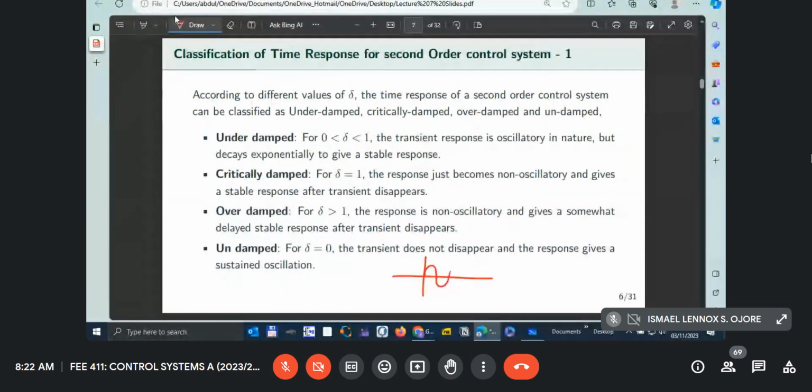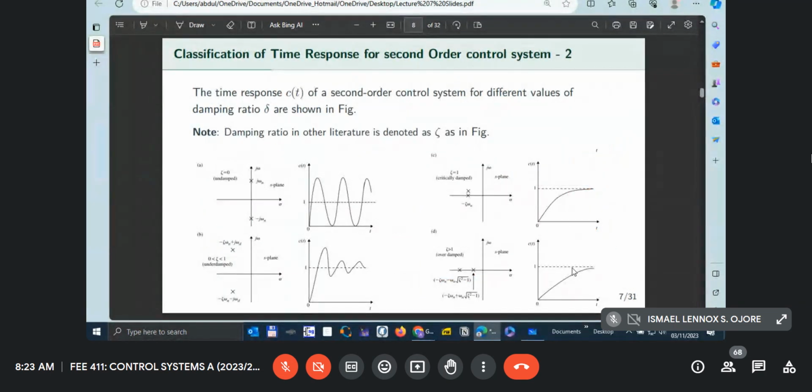So you'll have something like that. Here you'll have something like this one, and this one is a bit more sluggish than the other one. So we can have four different types of second order response, depending on the damping ratio.